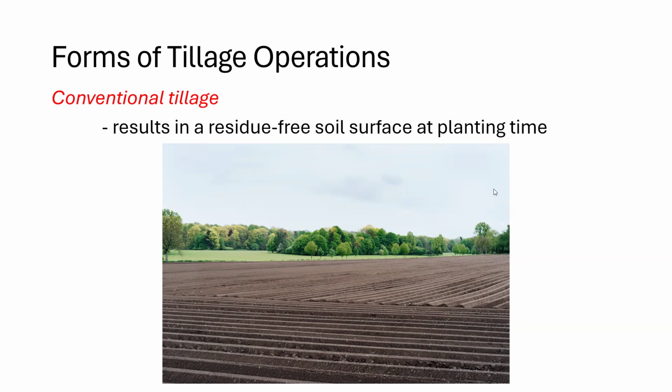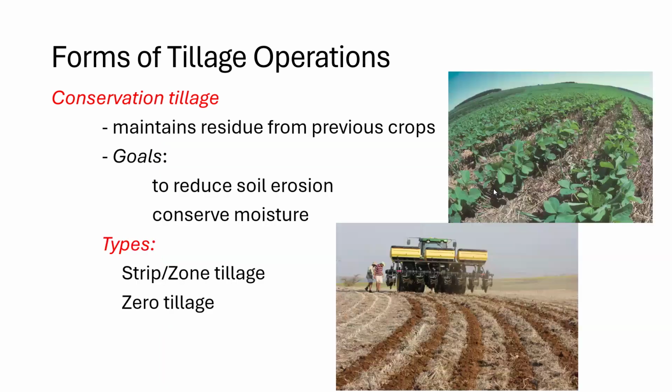Wala kang makikita na anumang weeds or plant material na natira. So malinis na malinis ang kanyang pagka-araro. So that's conventional tillage. Then another form of tillage operation, we have conservation tillage from the root word conserve.